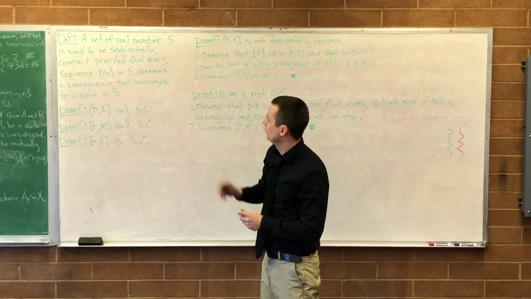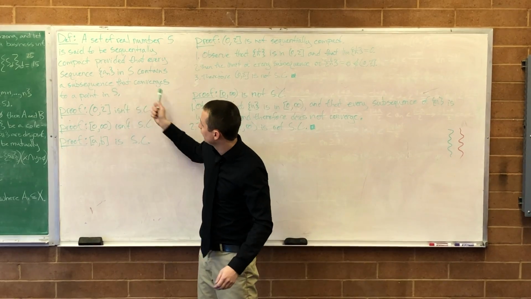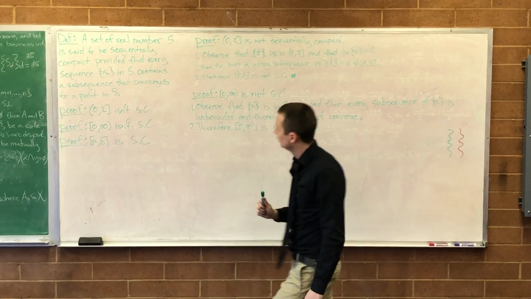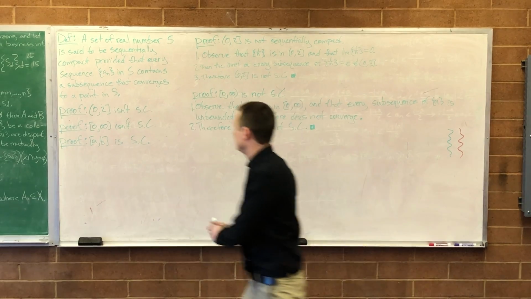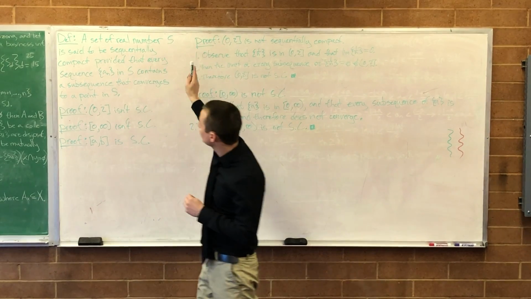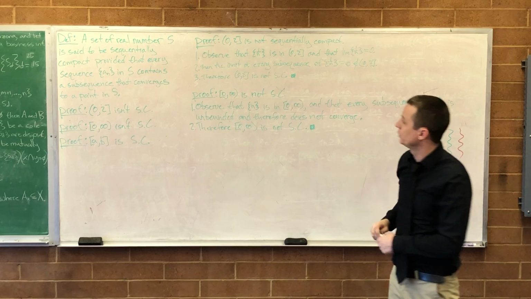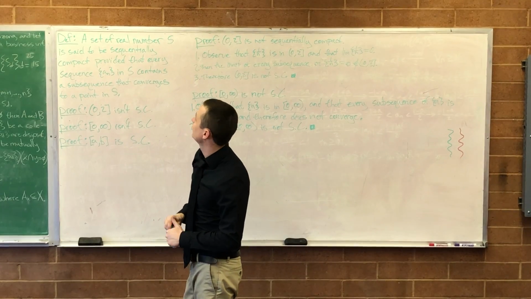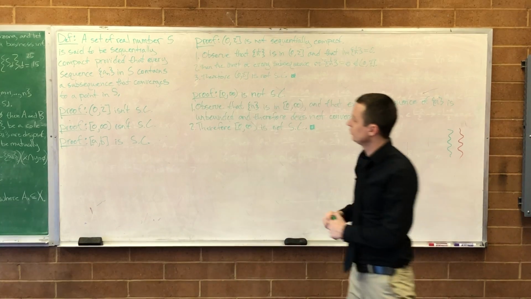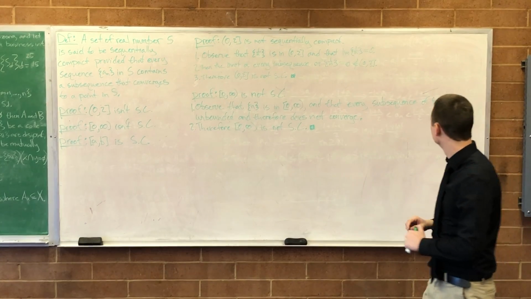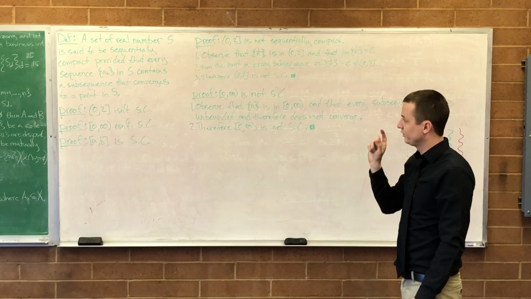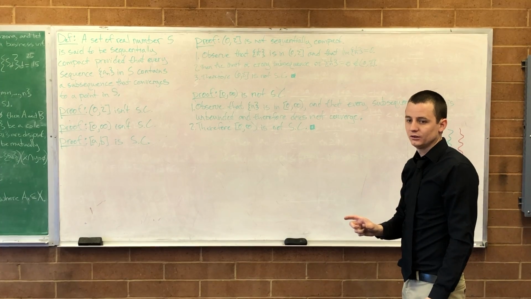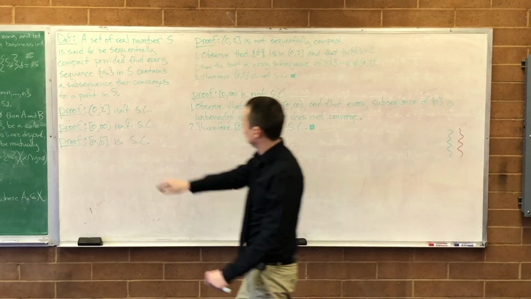Let me read it one more time: a set of real numbers S is said to be sequentially compact, provided that every sequence a_n in S contains a subsequence that converges to a point in S. Okay, so I said it right the first time.